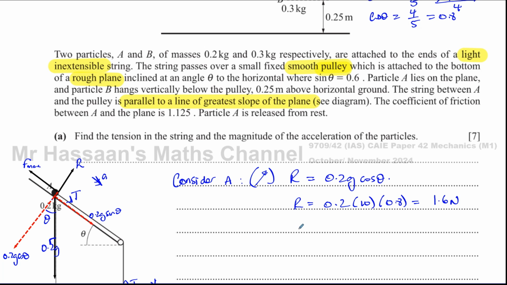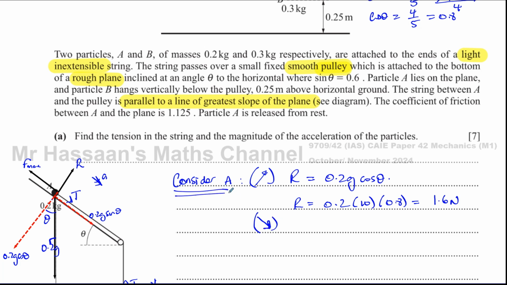Okay, and we can now consider A, resolving the forces going down the plane. We're still considering A, but this time we're resolving the forces down the plane.